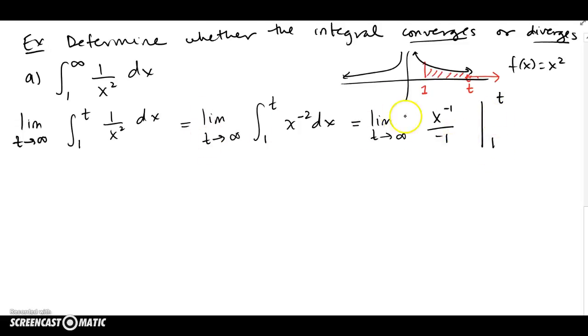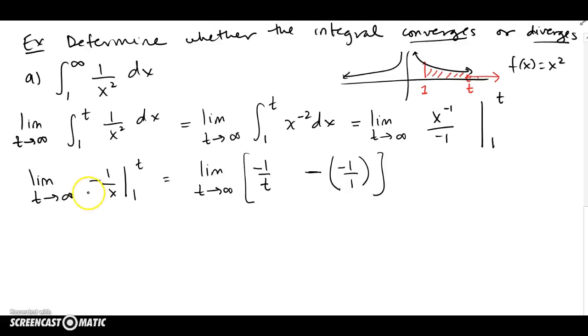I'm carrying over the limit part all the way through because each time I'm looking at the limit as t goes to infinity. So let's go plug in those limits of integration and basically analyze a limit problem like we would in 261. So we look at the limit of negative 1 over x from 1 to t. I plugged in the upper limit, negative 1 over t, minus plug in the lower limit, negative 1 over 1. So now we have the limit as t goes to infinity of negative 1 over t plus 1.